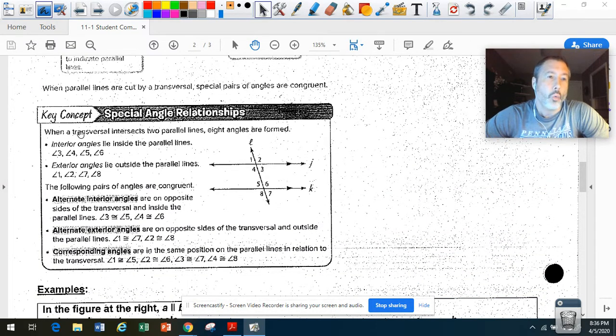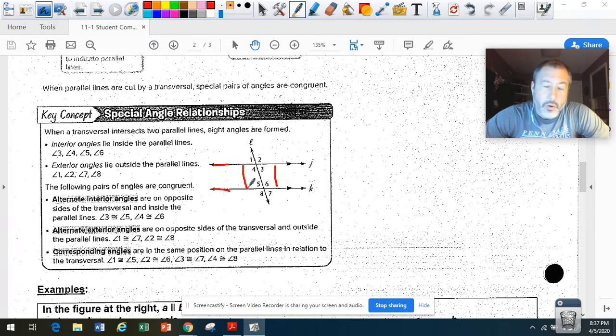It says, when a transversal intersects two parallel lines, 8 angles are formed. As you see here, we've got 1, 2, 3, 4, 5, 6, 7, 8. There are 8 angles here. It says interior angles lie inside the parallel lines. So here are our parallel lines. What angles lie inside, in between these lines?